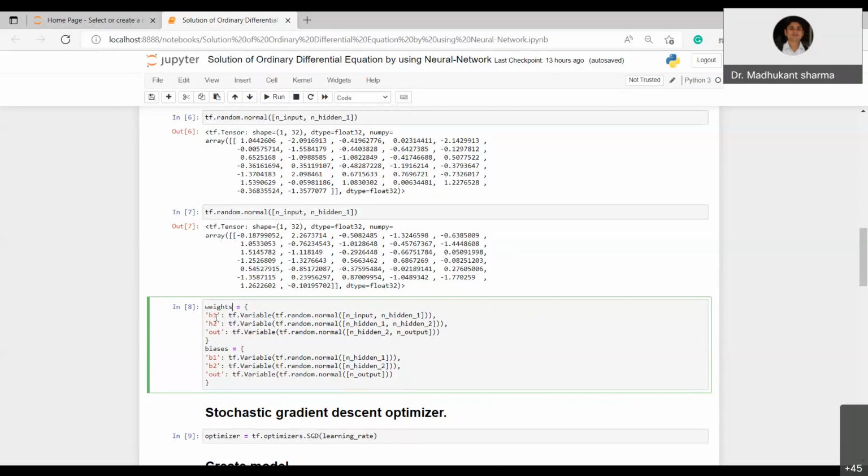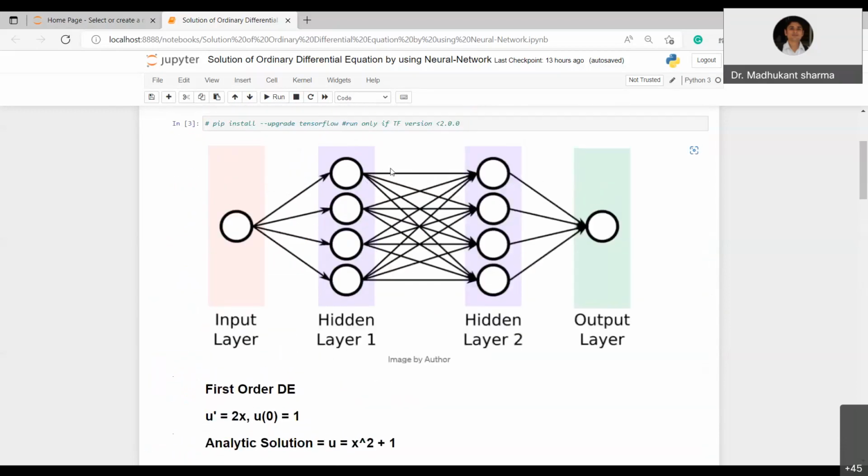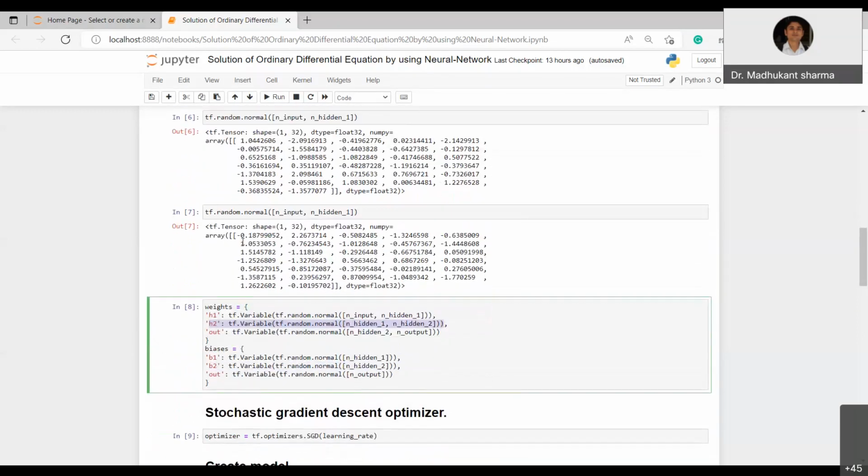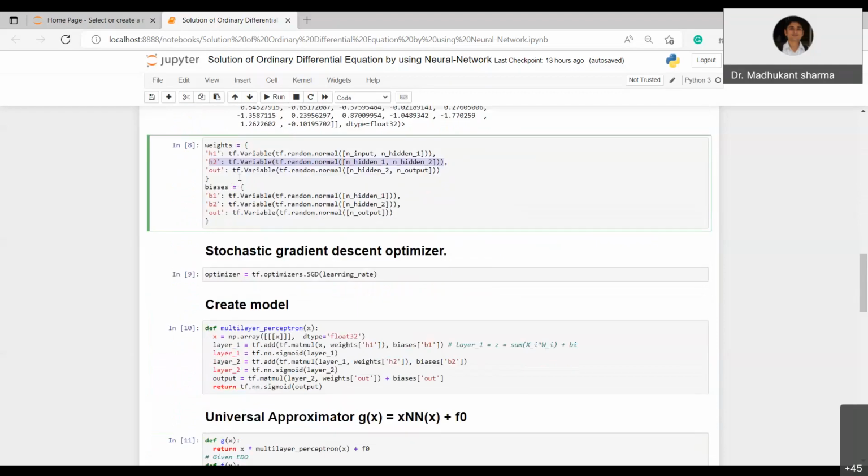So h1 denotes our weights between the input layer and hidden layer 1. h2 denotes all the weights between hidden layer 1 and hidden layer 2. And out denotes the weights between the output and hidden layer 2.